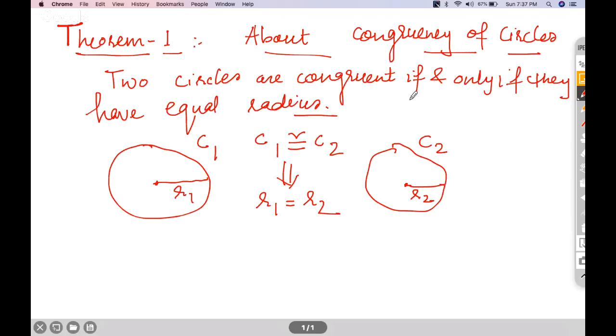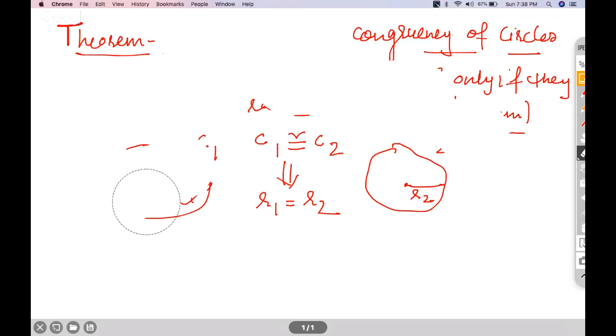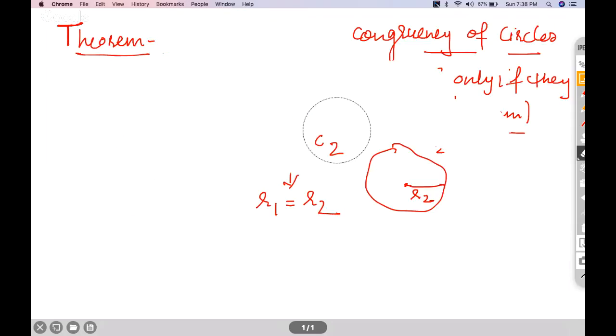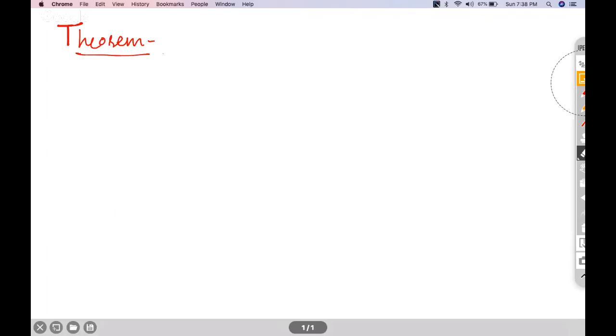So this is not a theorem, I'll call it an axiom, because if the radius is equal, the circles would be overlapping on each other. Hence, if the radius of two circles are equal, then the two circles would be congruent.